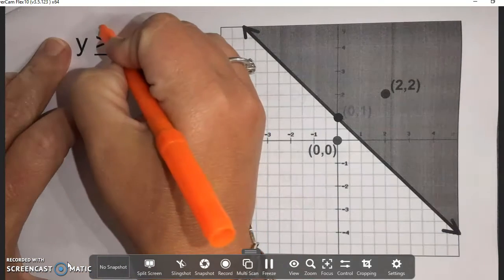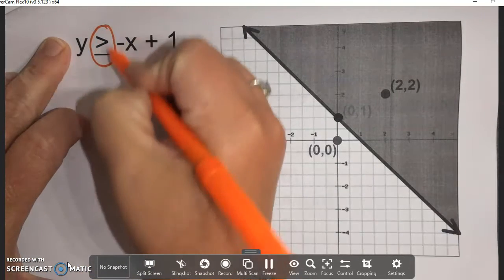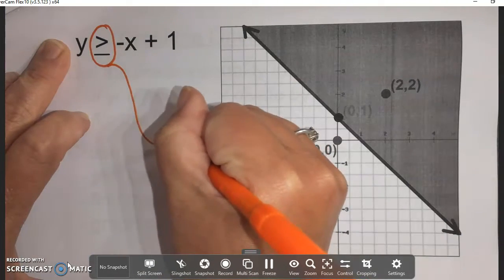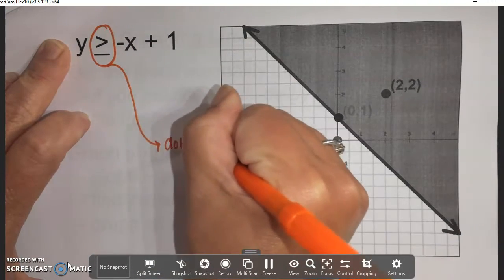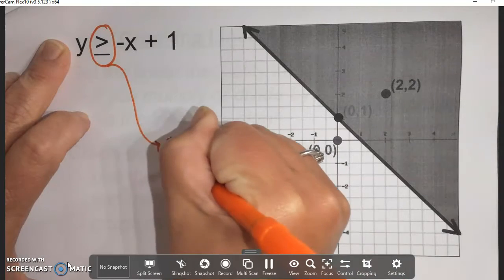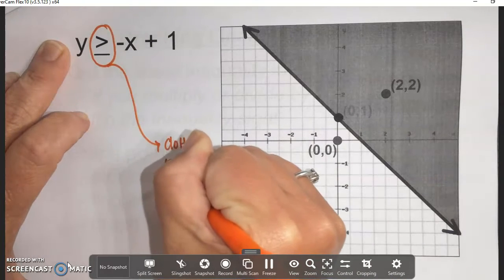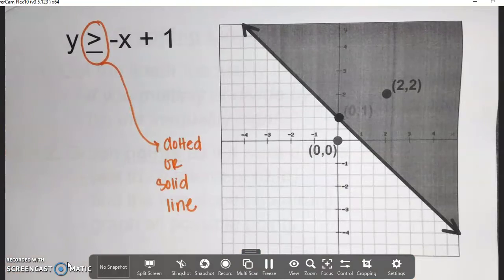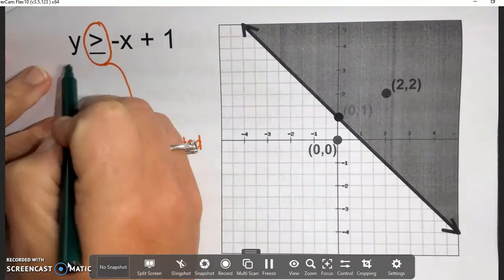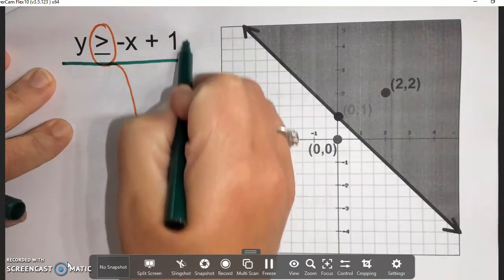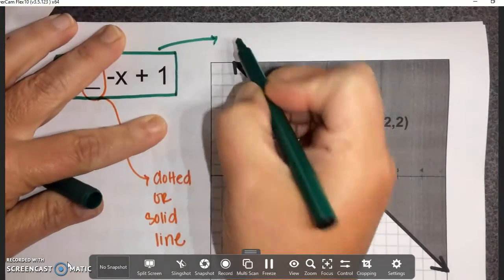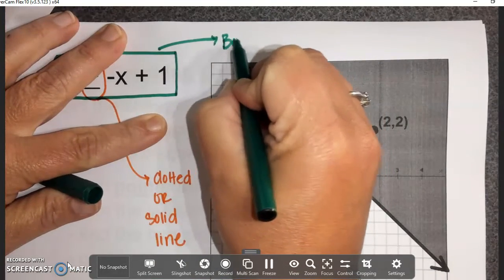So this right here is going to tell you if you have a dotted or solid line. Okay? This, if you think of it with the equal sign, tells you what your boundary line is.